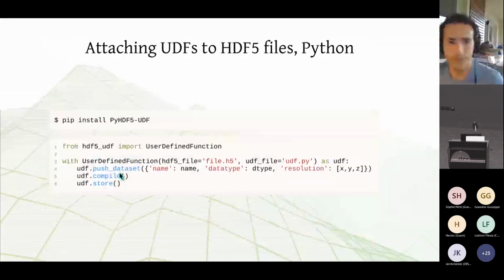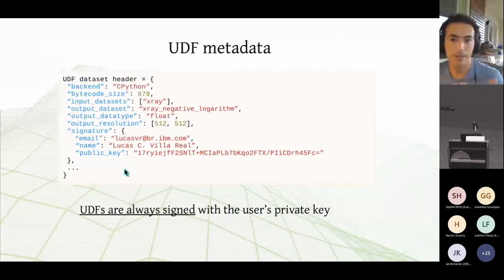As you have seen in the slide where we have the UDF metadata, each time you create a UDF, we attach the public key of the user that created it, and this is handled by HDF5 UDF, both the creation of a private key and the attachment of the public key to the UDF. So each time you execute your own UDF, you have access to everything you would have as a regular user on your machine.